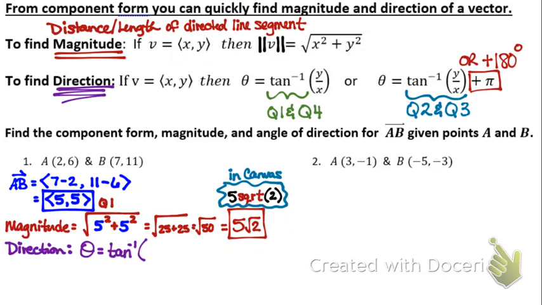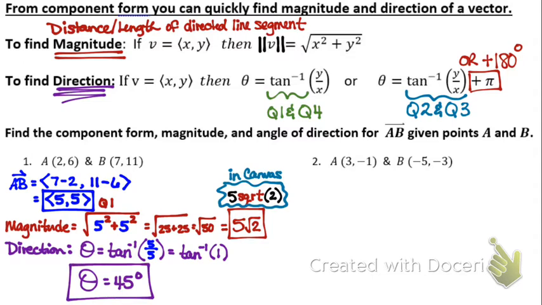What's y over x here? 5 over 5. Well, 5 over 5, we got lucky on that one. That simplifies to what? So I want the inverse tangent of 1, 45 degrees. So theta is equal to 45 degrees.